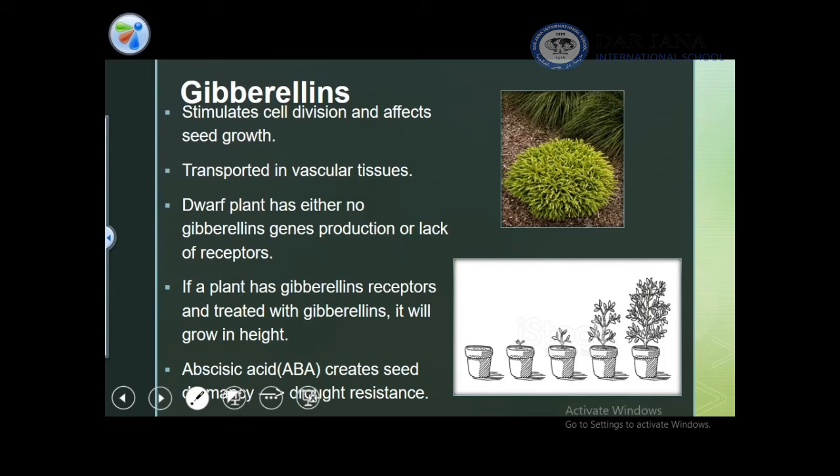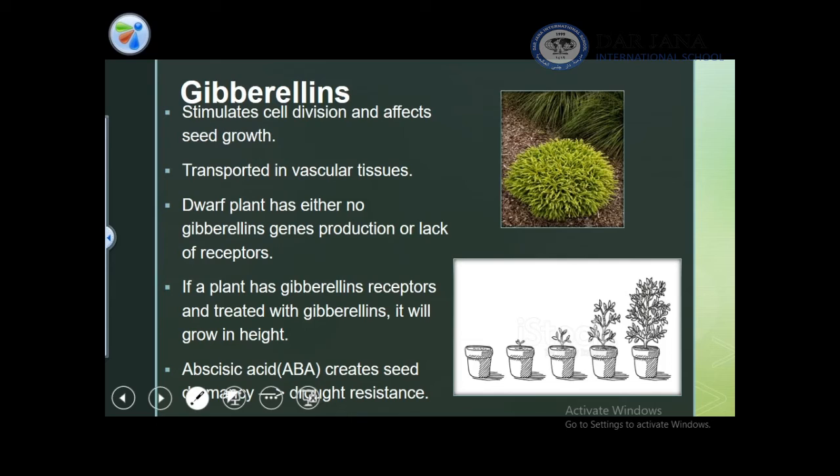We have said that gibberellins are available in a plant just to make cell division, and they affect seed growth. What if we have a drought season, or what if we are in winter, for example, in which the conditions are not favorable for the growth or germination of seeds? What could happen?